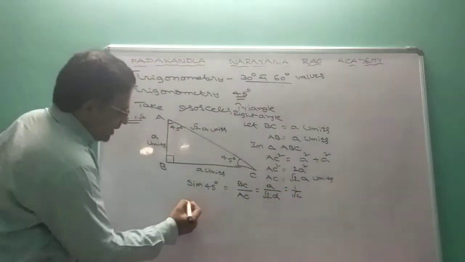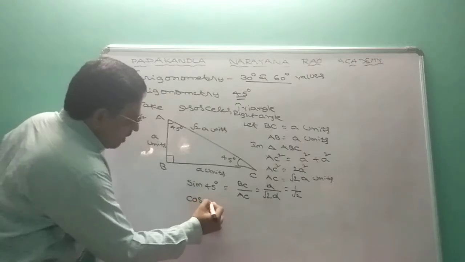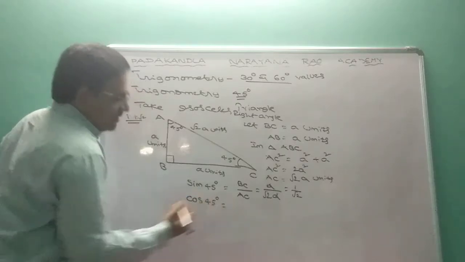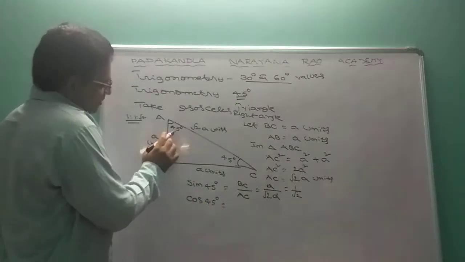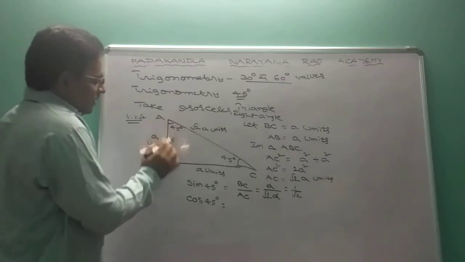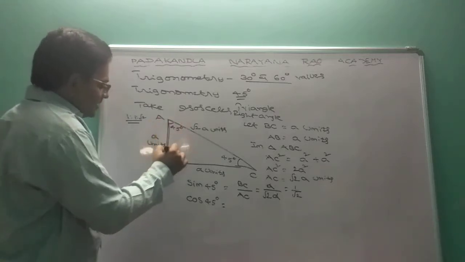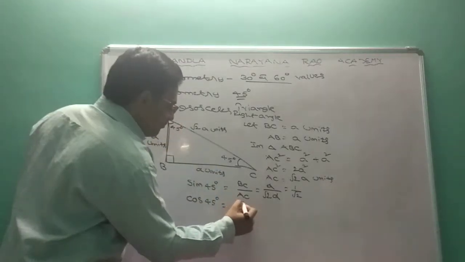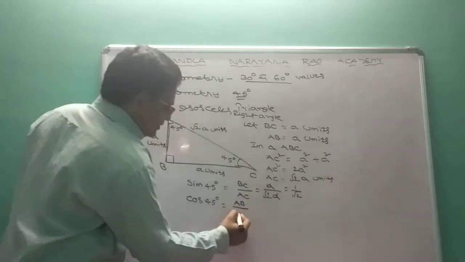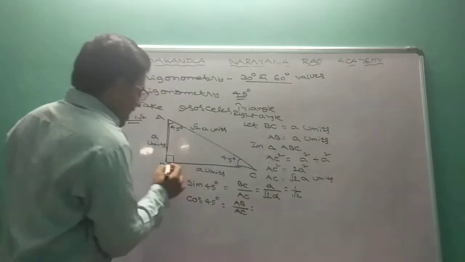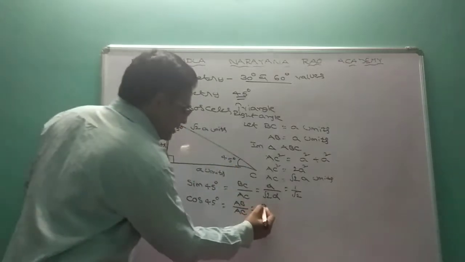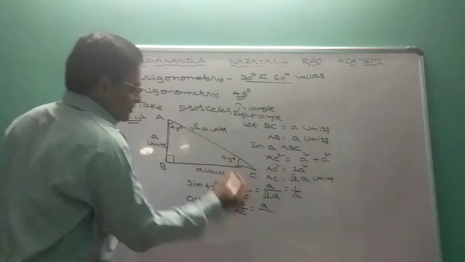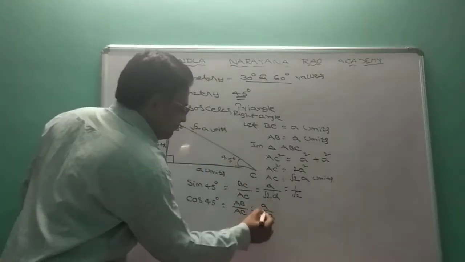In the same manner, cos 45°, here also I am taking A. The formula is adjacent side by hypotenuse. AB is A units, hypotenuse root 2A.